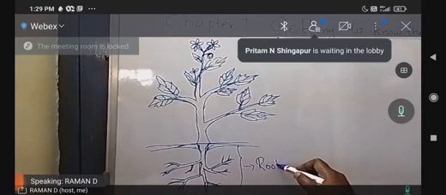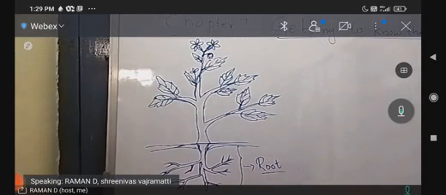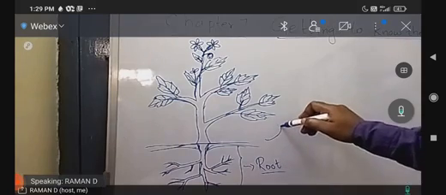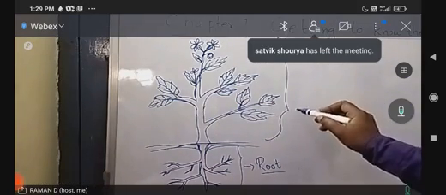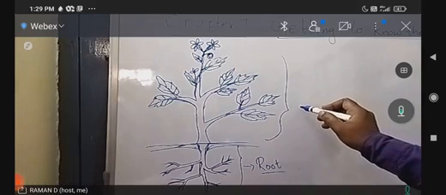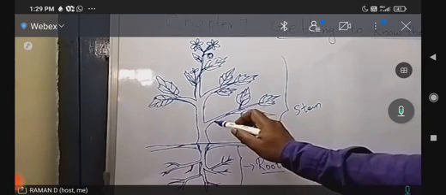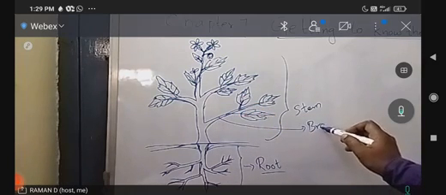Root system. Root is the part that grows below the soil, and the entire remaining part grows above the ground, which is known as the stem. This stem bears branches.